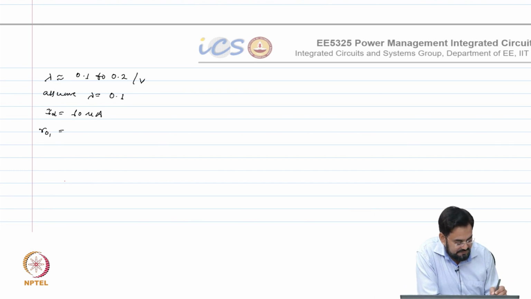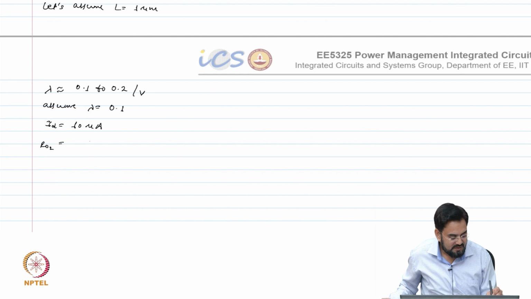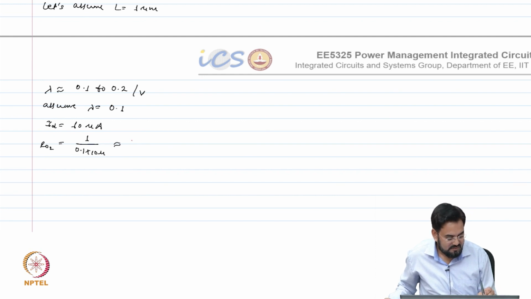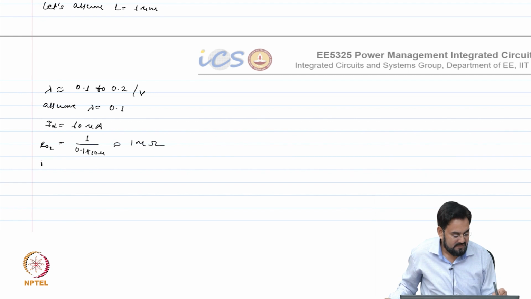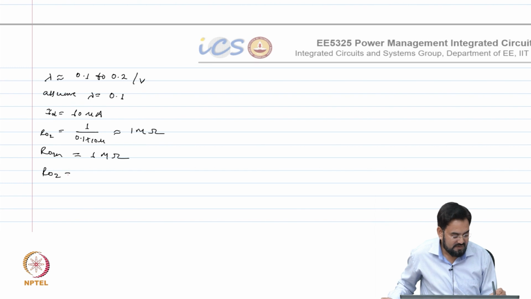So, RO2 equal to 1 over 0.1 into 10 micro, which is 1 mega, and RO2N also 1 mega ohm, correct. And they will be in parallel. So, your RO2 will be 500 kilo ohm.